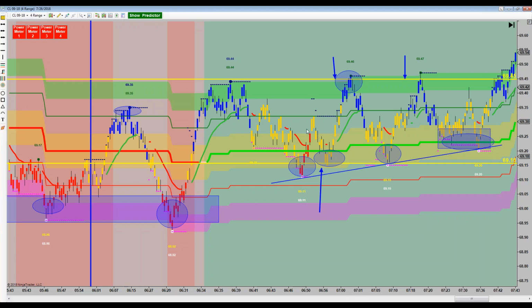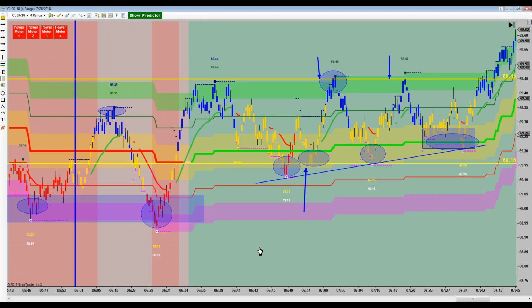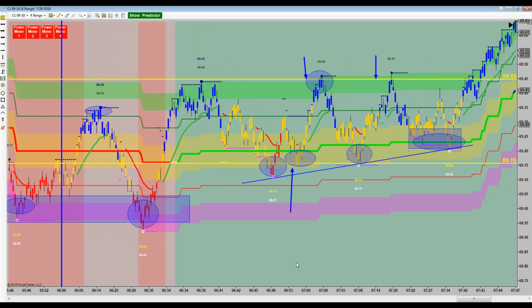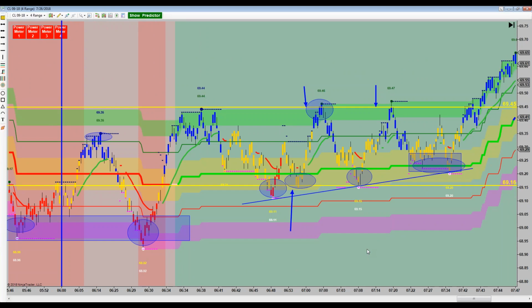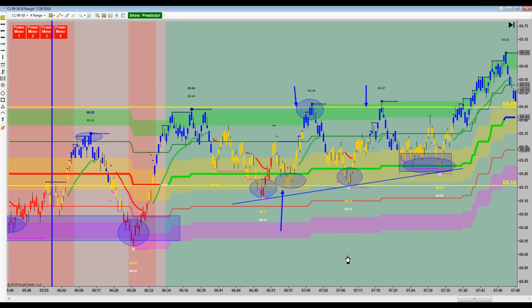Now I'm going to advance the chart, and you tell me with a C or a T whether there's another chance to enter this trade. Here we go. Stand by. Type in a T if you think you see a trade.